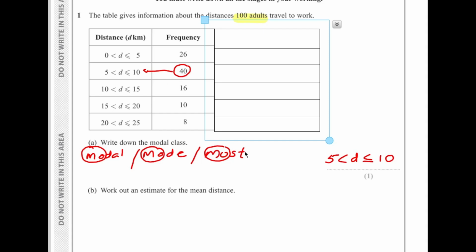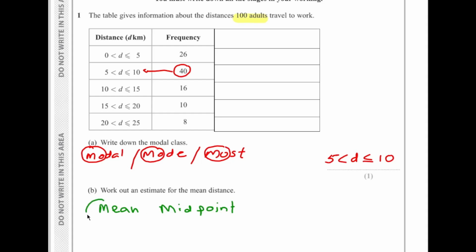There's an exact way to keep it in your head. Mean is written with M, midpoint is written with M. So the midpoint is taken only for the mean, because mean starts with M and midpoint starts with M.